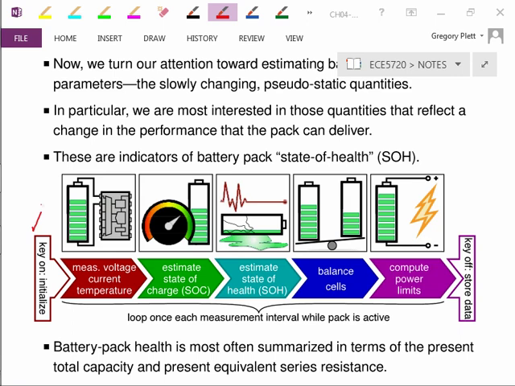Somehow we want to know, is this a healthy battery pack or is this a sick battery pack?